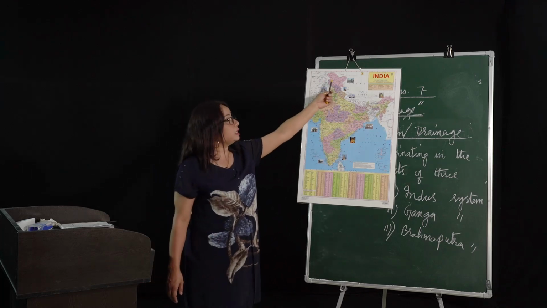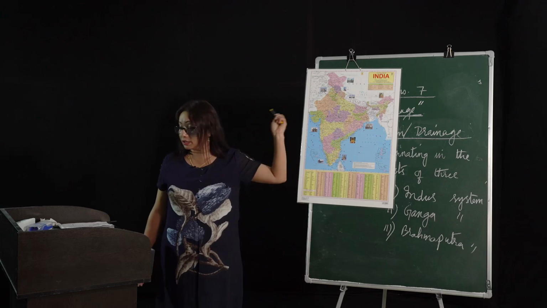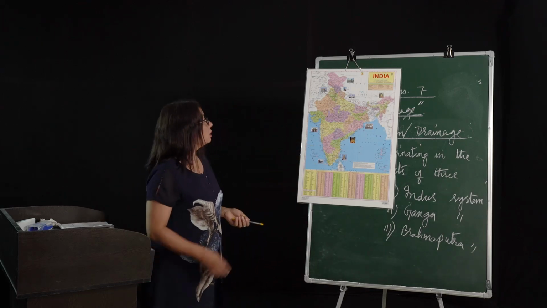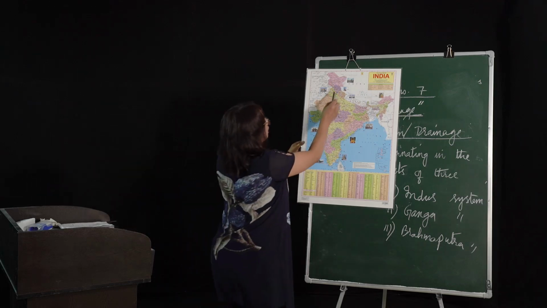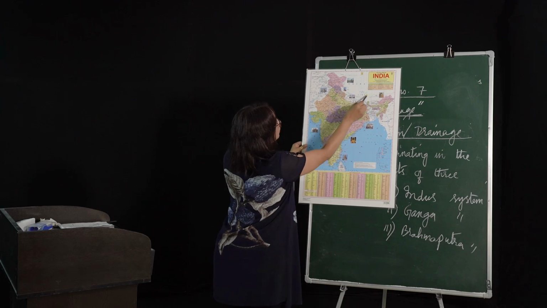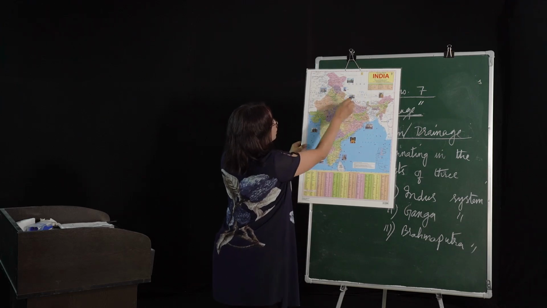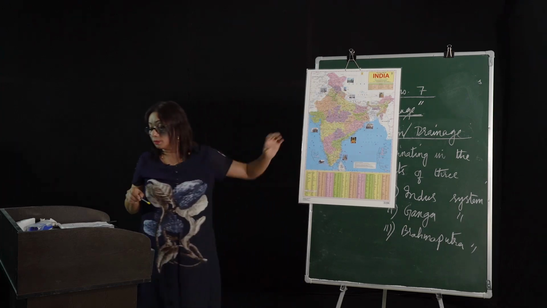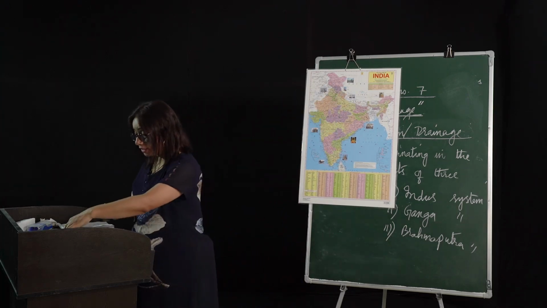The Indus river originates in a place in the Himalayas near Lake Mansarovar, somewhere here, in western Tibet. This is Tibet, and the Himalayas are all this place. You can see it on a physical map, which I cannot show you exactly.